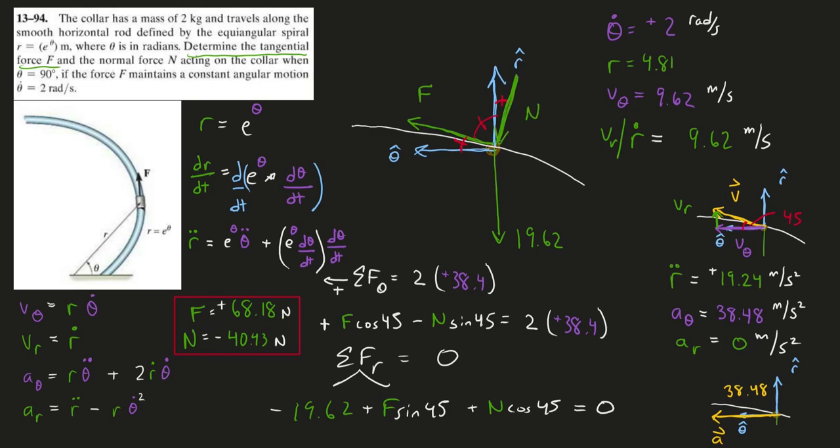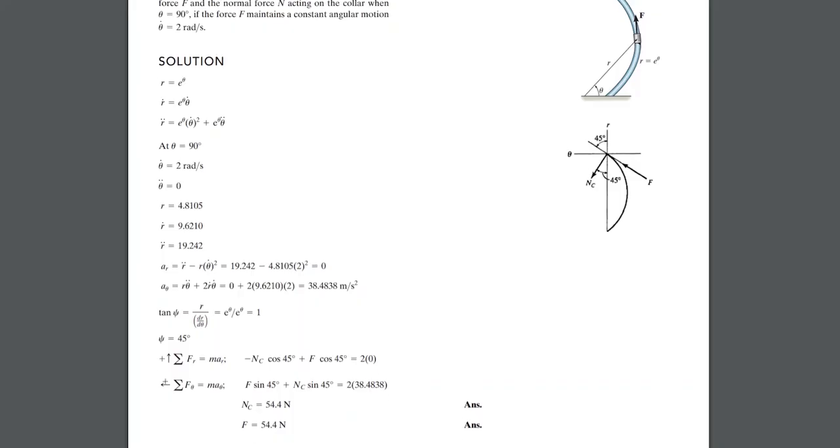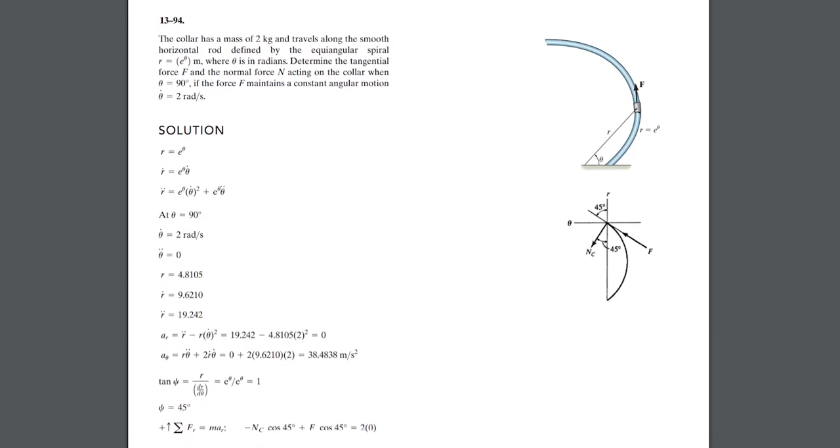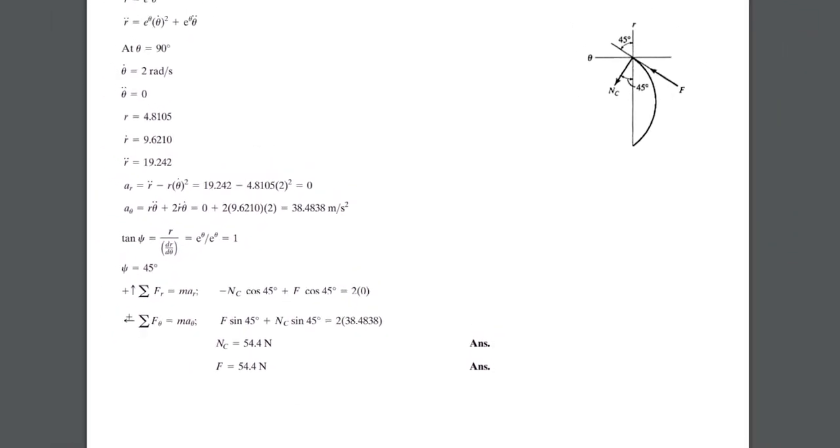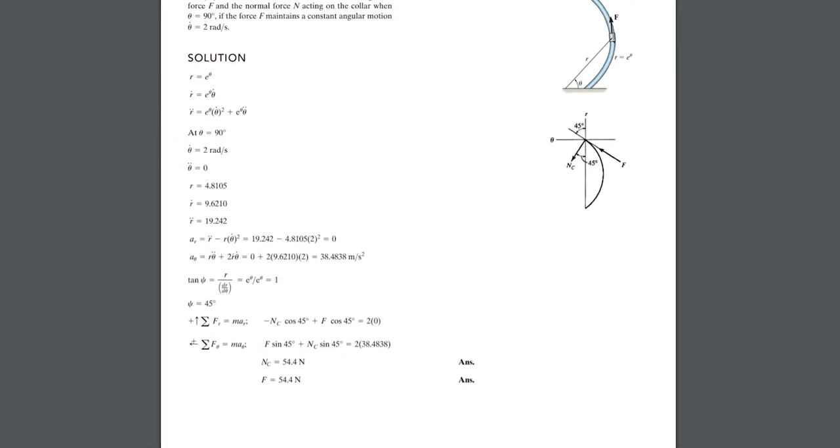So these two answers right here are actually not what my book got. So this problem is from the Hibbler Dynamics 13th edition. And I'll show you the solutions page for it. So here's our same problem right here. If you zoom in, they actually have the same exact free body diagram, everything's the same.